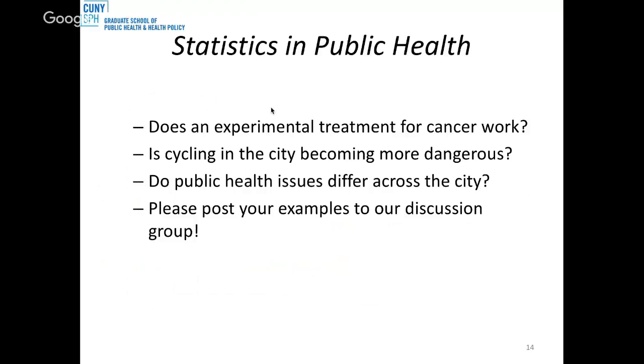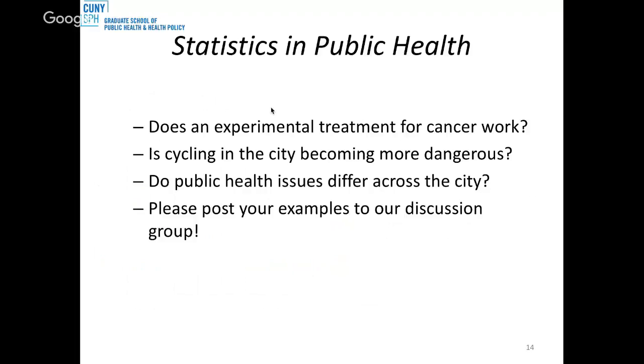Some examples of inference that are common in public health would be things like, does an experimental treatment for cancer work? There's a yes or no answer to that. So do the people given this experimental therapy have a better outcome than people who are not? Cycling in the city, is it becoming more dangerous, or is it just the same over time?